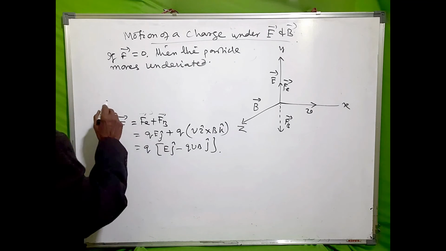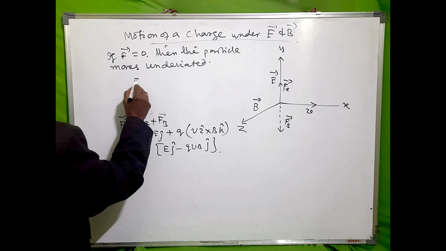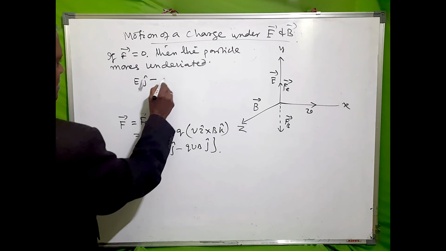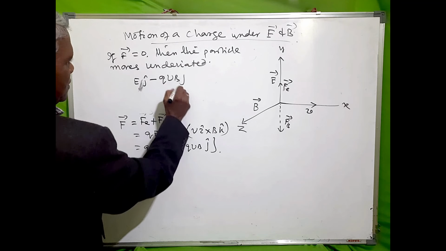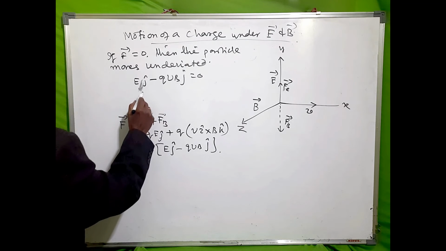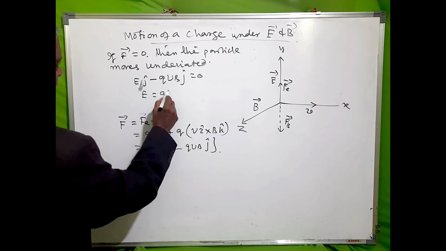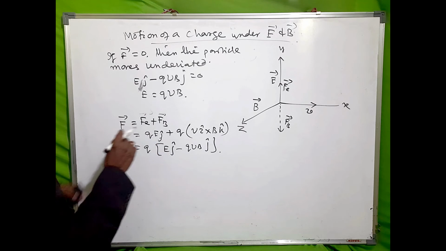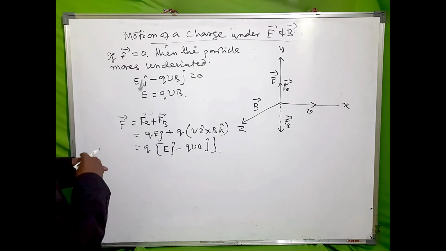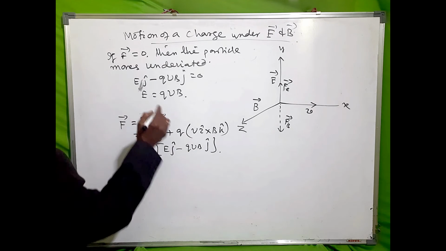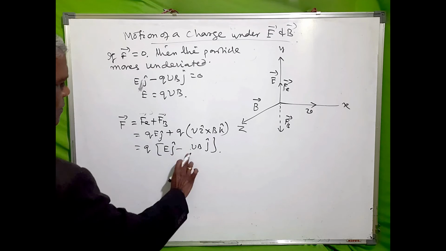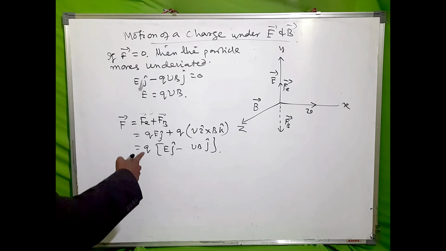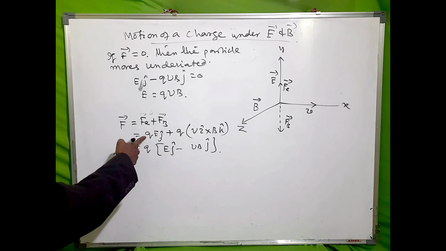Or you can say that Q E j cap minus QVB j cap is 0, or E is equal in magnitude to VB. We have taken Q as common.